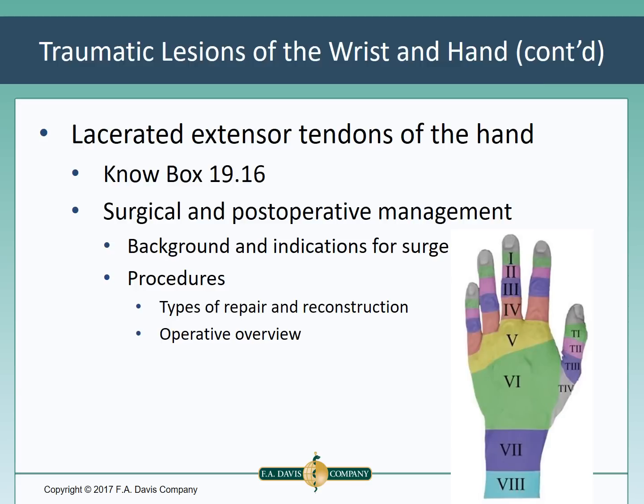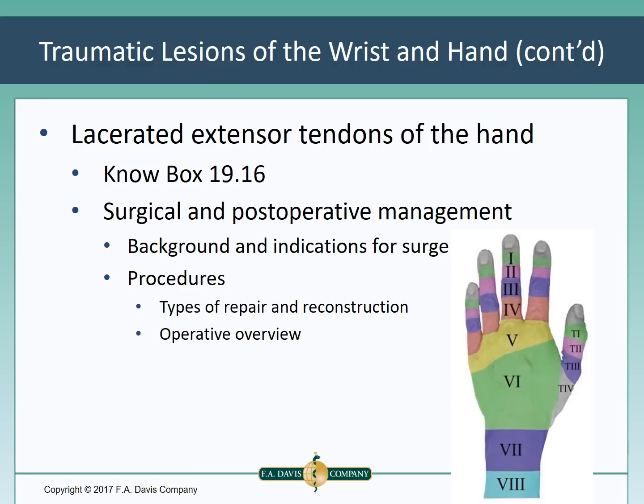We're going to the other side of the hand here. This would be the dorsal side, and you've got to know box 19.6. You've got to know it. On this side, it's considered less serious to have a laceration on the dorsal side than on the volar side.